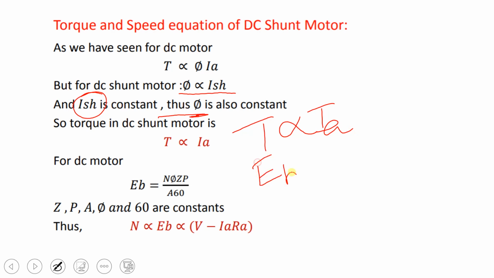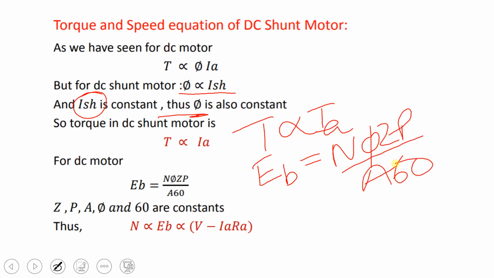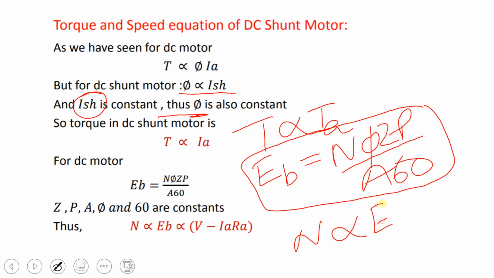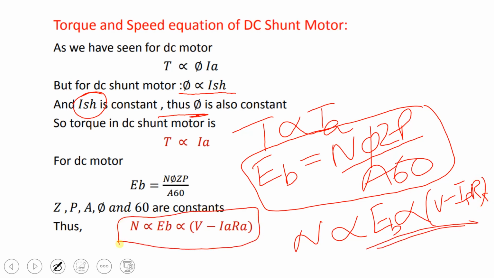Then back EMF EB is equal to N phi ZP upon A60. This is the formula for the back EMF. Now here Z, P, A, phi and 60 are constant. We can write N is directly proportional to EB, or directly proportional to V minus Ia Ra. So from here we can say that speed is directly proportional to the back EMF, or directly proportional to the applied voltage minus the voltage drop across the armature.